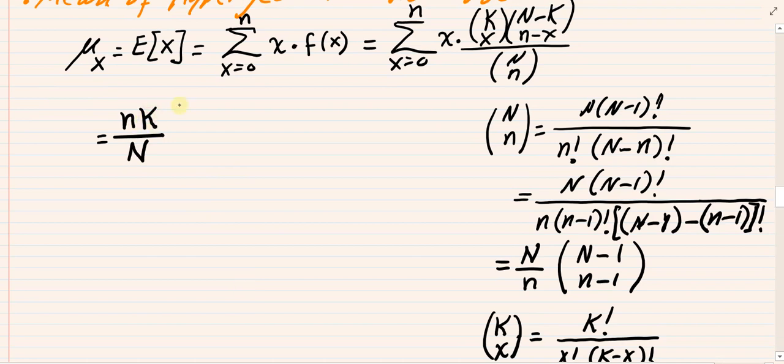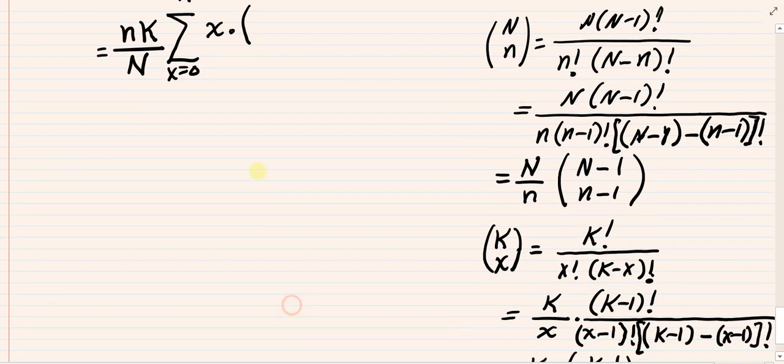Now therefore my sigma is going to be x from 0 to n. And remember, there's an x that multiplies by the fraction. So it's going to be x times, in the numerator, the k choose x.